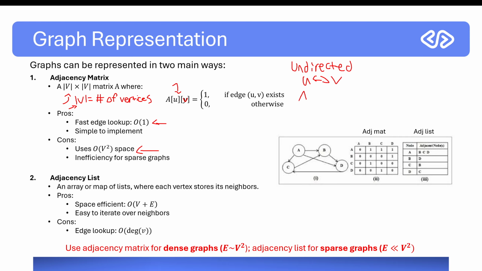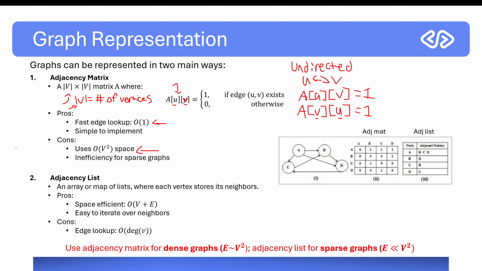So that means in the adjacency matrix, you're going to say UV, let's assume they have a connection. You're going to say that is 1. But you're also going to say, because it's undirected, at V, V has a connection to U. That's true. The first one is U has a connection to V, but also V has a connection to U. So that's for undirected graphs. You're going to have copies like that.